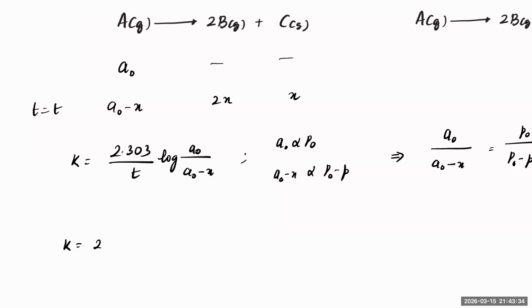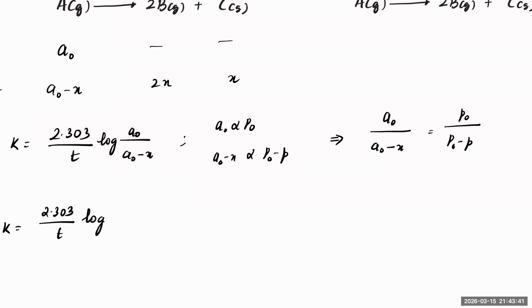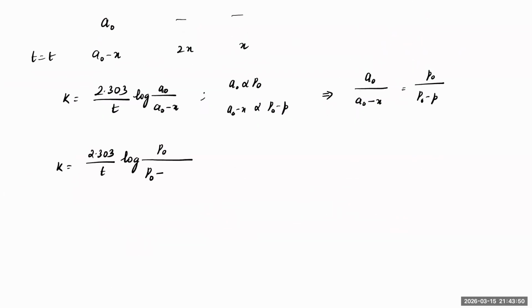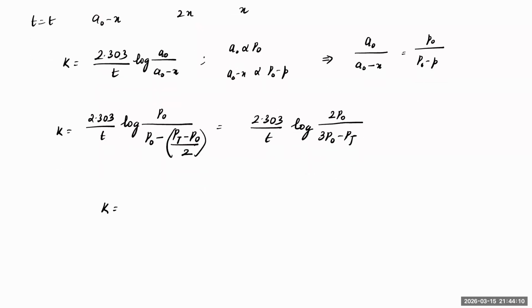So K is equal to 2.303 by T log of P naught divided by P naught minus P. As P, we just defined it as PT minus P naught by 2. So that makes it 2.303 by T log of, this 2 will go into the numerator, 2 P naught divided by 3 P naught minus PT. So K is equal to 2.303 by T log of 2 P naught upon 3 P naught minus PT. So this is the final expression.